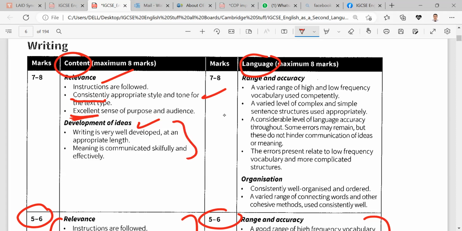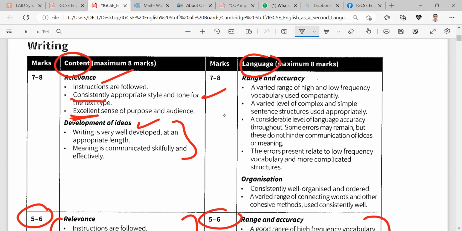For development of your ideas, you must add more details to your main idea. Don't just give me headlines or key ideas. No, you should personalize your answer. You could add more details. You can express your own experience. You can add, for example, some details about the conclusions of scientific research, something like that.